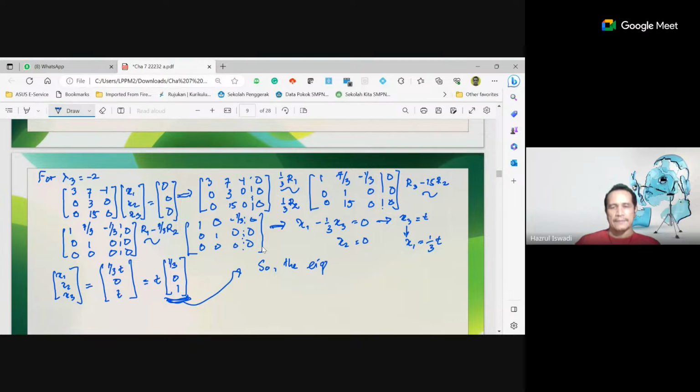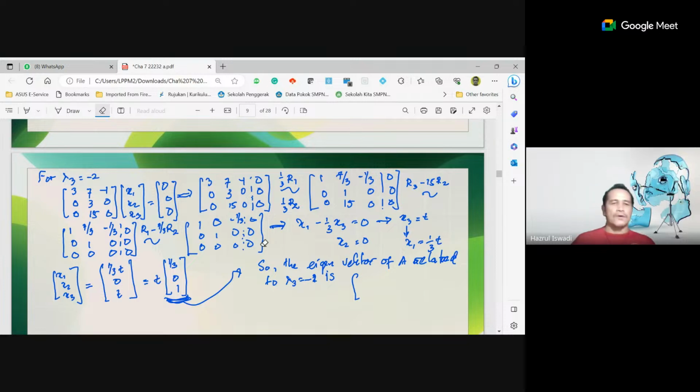So the eigenvector of A related to lambda 3 equal to minus 2 is, because only one factor, x lambda 3 is 1 over 3, 0, and 1.